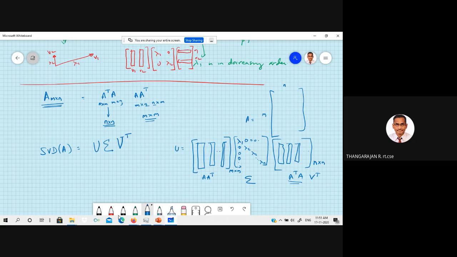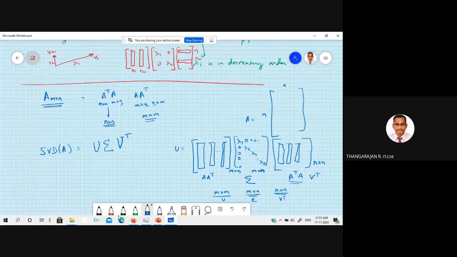Are you getting it? And what is the dimension of sigma? This is the diagonal matrix, it is m cross n. So you have the m cross m matrix U, sigma which is m cross n, and the third one is V transpose, which is n cross n.